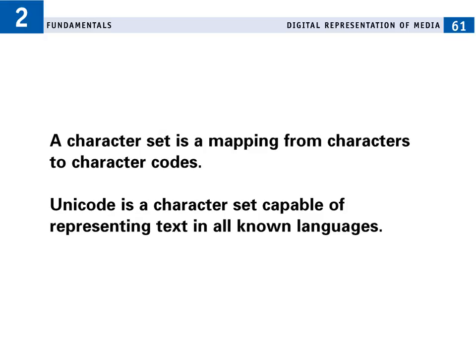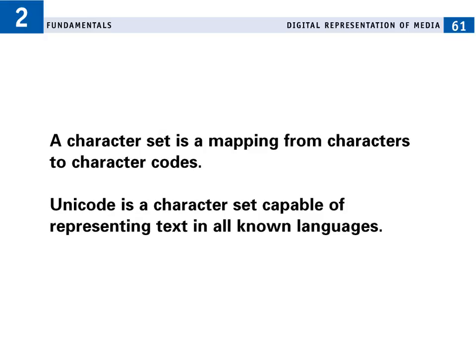Here we talk about characters. A character set is the mapping from characters to character codes. Currently worldwide we use Unicode to represent all known languages, from English to, for example, Chinese, Thai and Arabic.